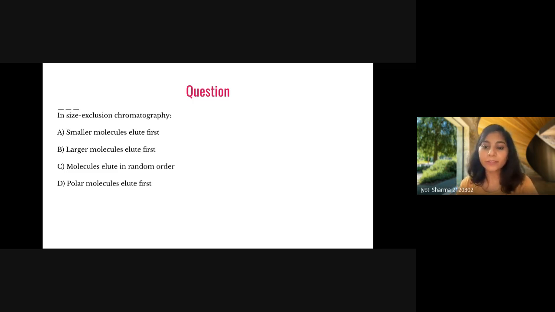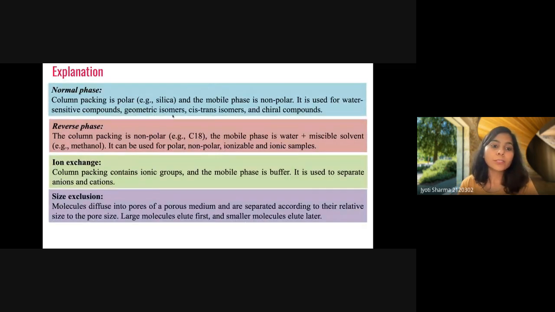I also agree with this one. See the same slide again, the last point, size exclusion. Molecules diffuse into the pores of a porous medium and are separated according to their size relative to the pore size. Larger molecules elute first and smaller molecules elute later. So based on that, the answer will be that one only.